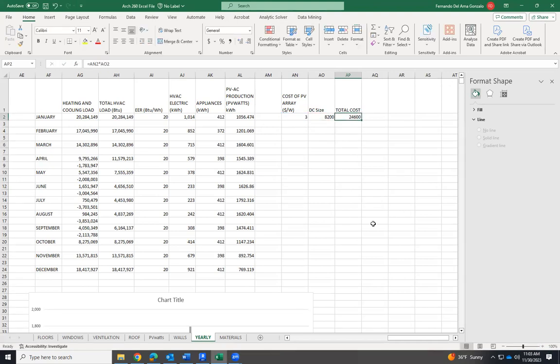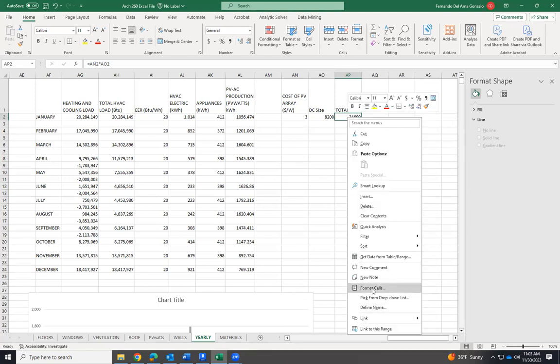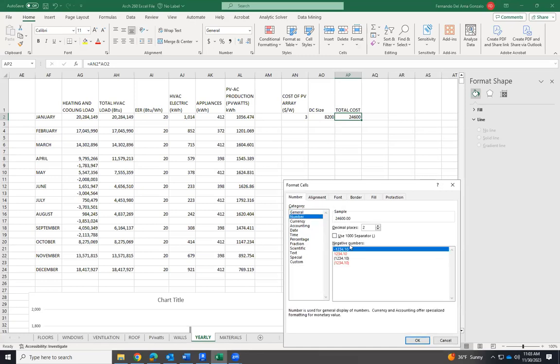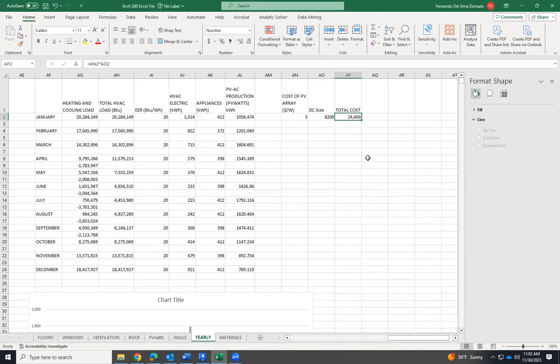So we have this nice number of 25,600. Cost. Those units are quite simple, dollars.